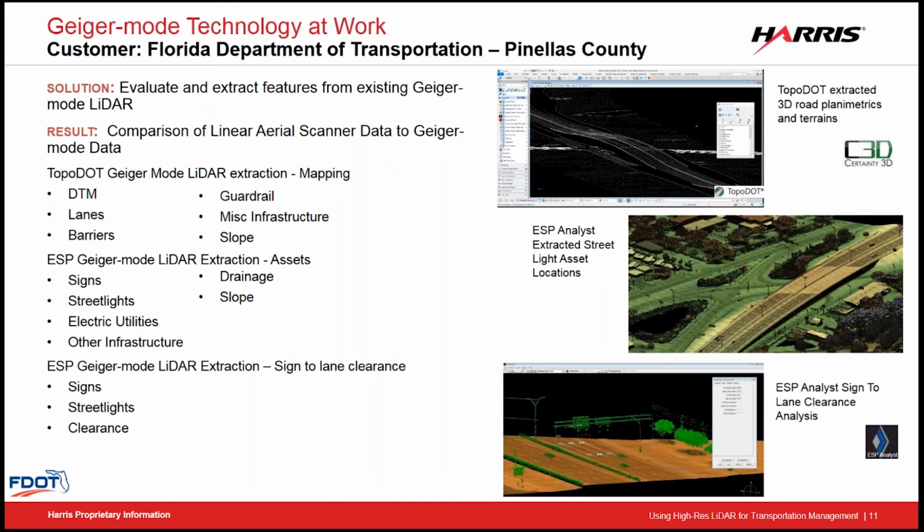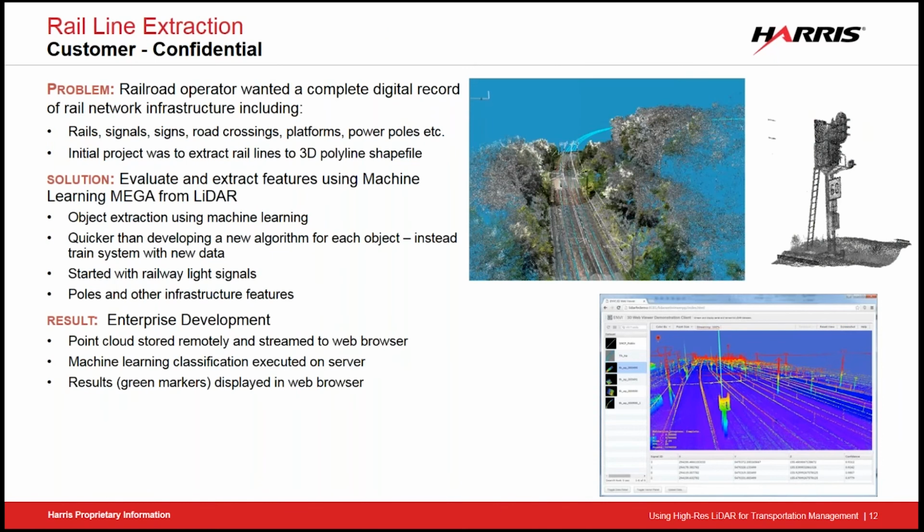The next one is an application from an analytical side of our business where we took, this is a railroad customer, where they wanted to look and find the network infrastructure. So they wanted to look at rails, signals, signs, road crossings, etc. So we did evaluating extraction features using machine learning Mega, which is a service that we provide, as well as some of the LiDAR that was collected along that corridor.